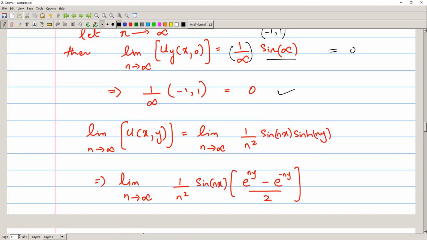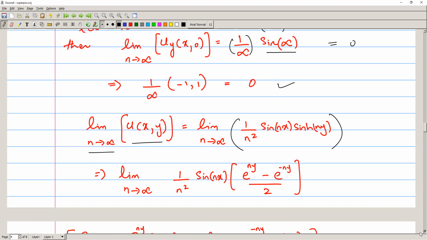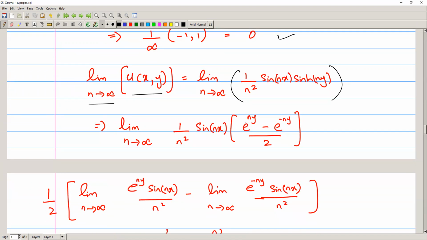Then we will apply the same condition, that is n tends to infinity, to the solution. So we take the limit as n tends to infinity of the solution. We can see that sine hyperbolic ny is equal to e to the power ny minus e to the power negative ny, divided by 2, right?